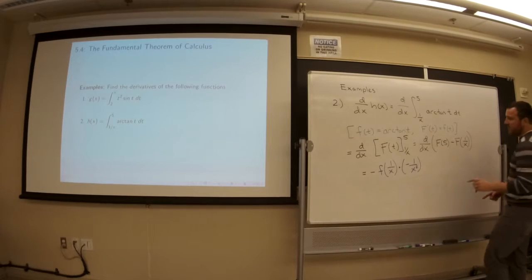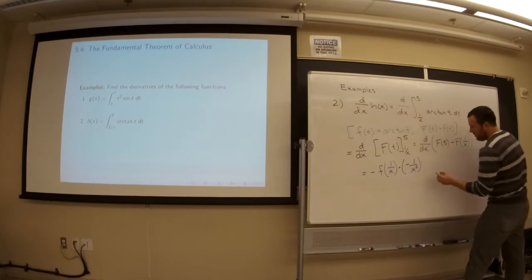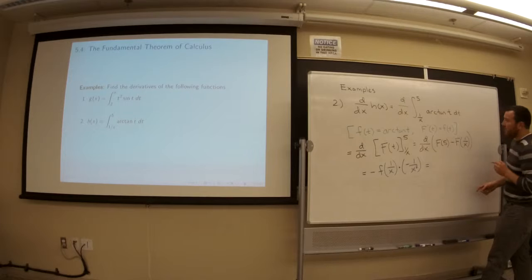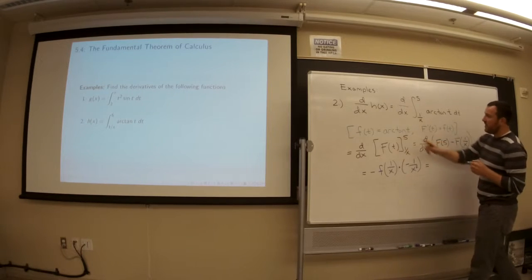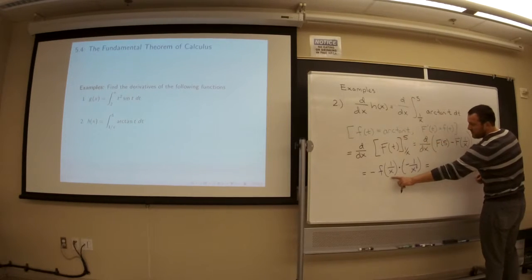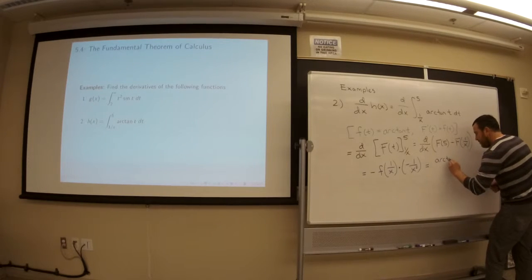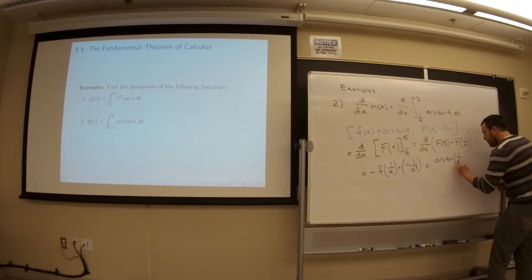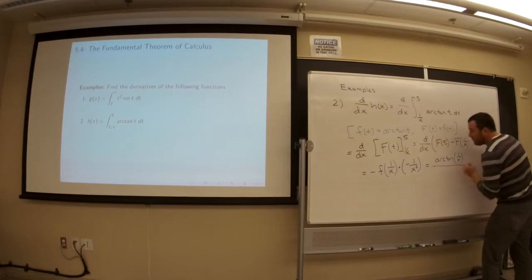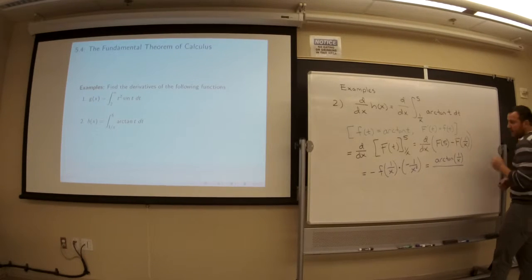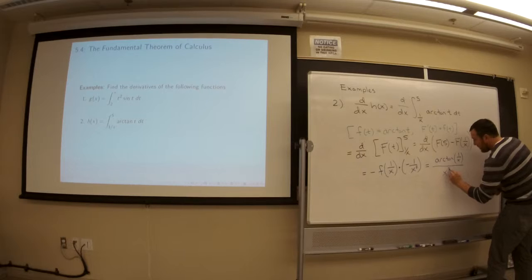So putting all this together, the negatives will cancel. And our f was just arctangent of t, so we'll have arctangent of 1 over x divided by x squared, and the negatives canceled.